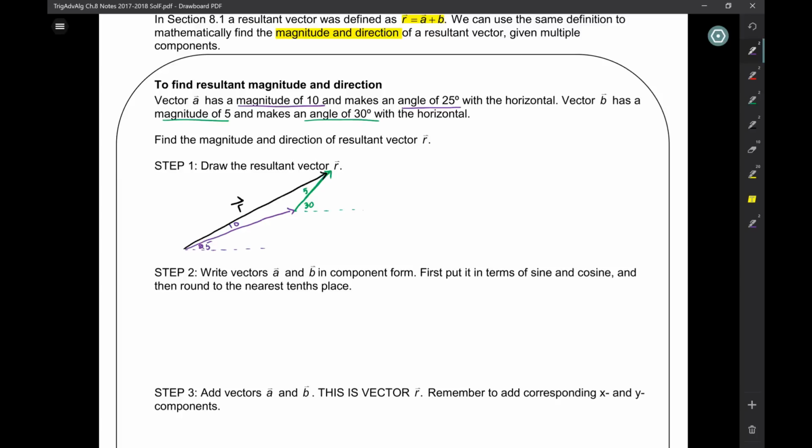Okay, so let's do vector A. We're going to do magnitude cosine of theta, magnitude sine of theta. So the purples are vector A. So 10 cosine of 25, 10 sine of 25.